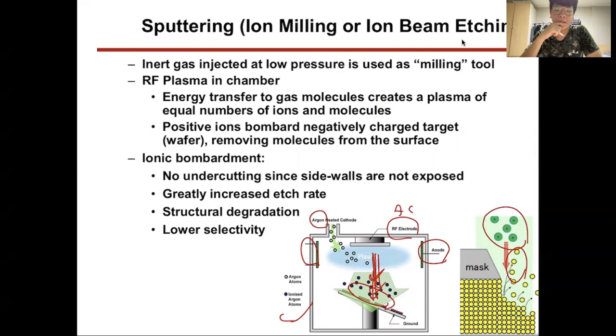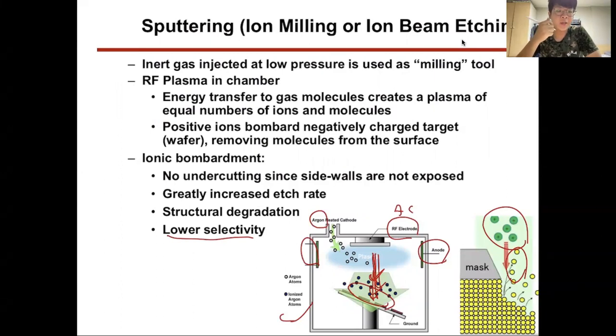However, ion milling has a lower selectivity, as we use these argon ions.